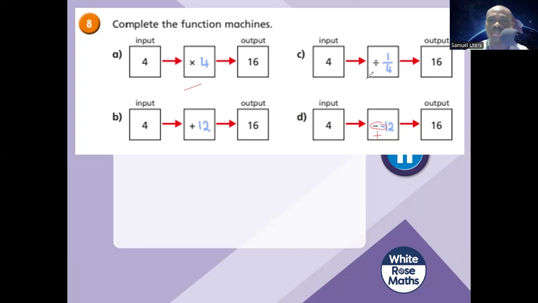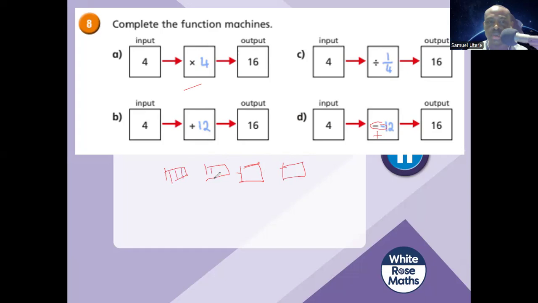Now, if you're dividing 4 by a quarter, imagine 4 boxes. To divide means splitting things up so that they have equal parts. So it means you're dividing each of these boxes into quarters.